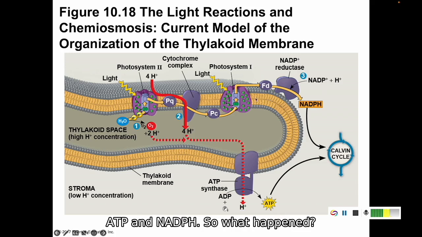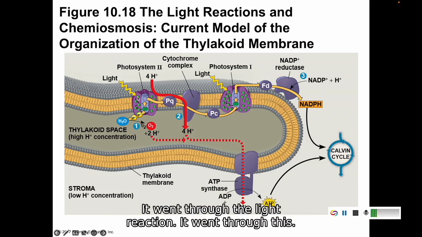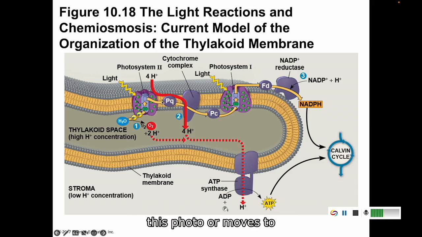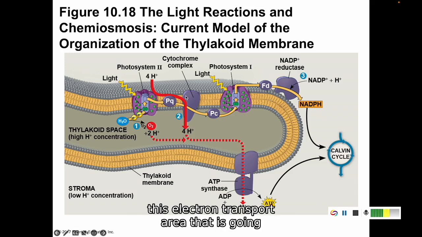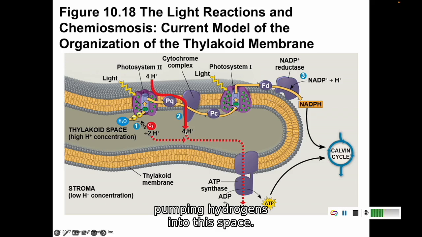So what happened, a photon of light, a little piece of light, shone on photosystem 2. It went through the light reaction and excited an electron. That excited electron moves to this electron transport area that is going to create a proton motive force, pumping hydrogens into this space.